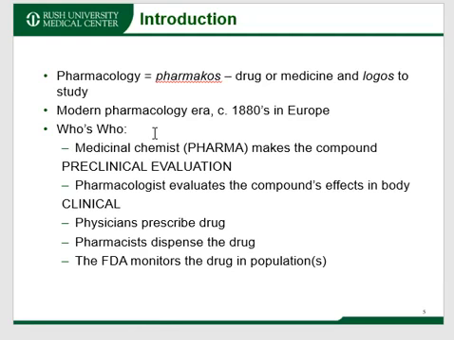And eventually, if the drug is good, it gets approved by the FDA, and physicians like you will one day prescribe the drug. Pharmacists will dispense the drug, and the FDA will monitor the drug in the entire population and report any adverse effects or toxic effects, so that both physicians and scientists are aware of what these drugs do in vivo.